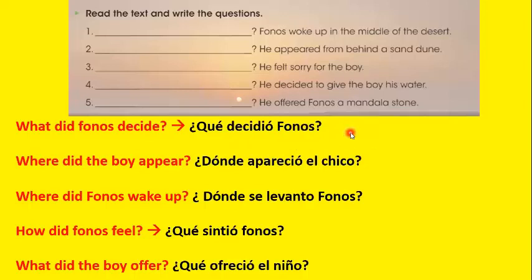Yes, congratulations. So that we have here, what is this? So that we have, where did Phonos wake up? ¿No? ¿Dónde se levantó Phonos? Entonces aquí se responde la pregunta diciendo, right, Phonos woke up in the middle of the desert.